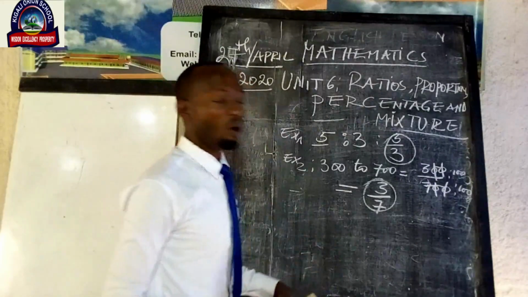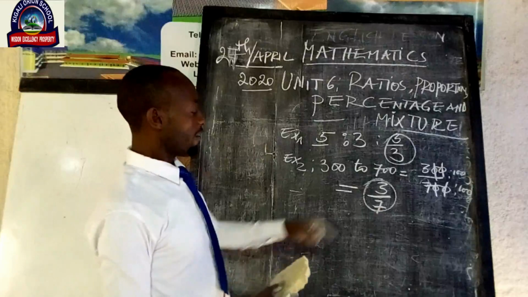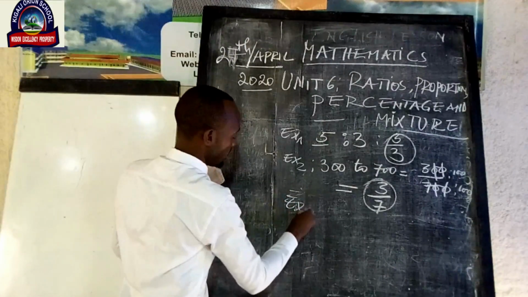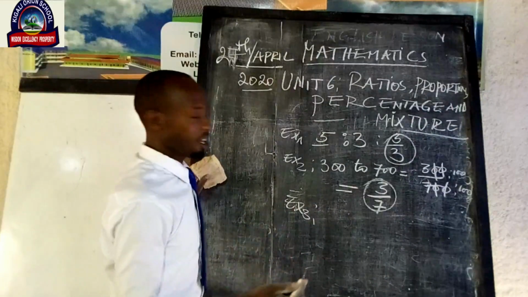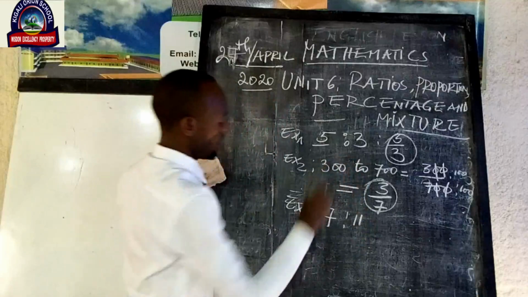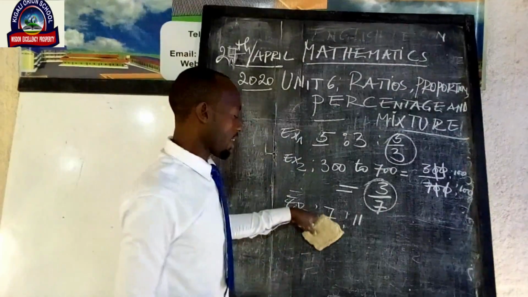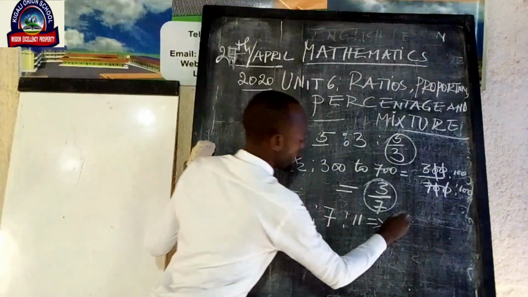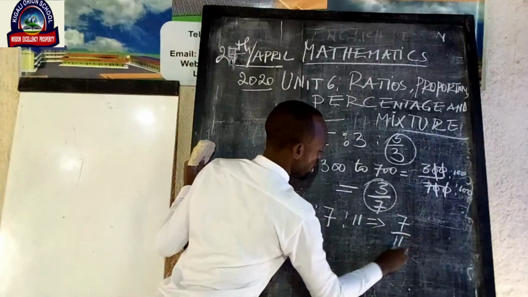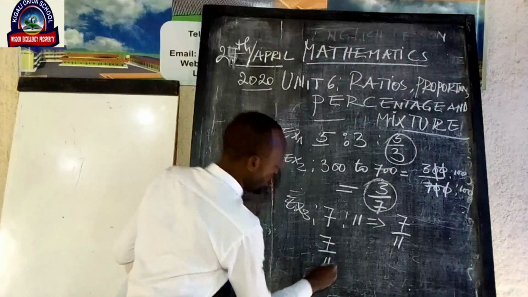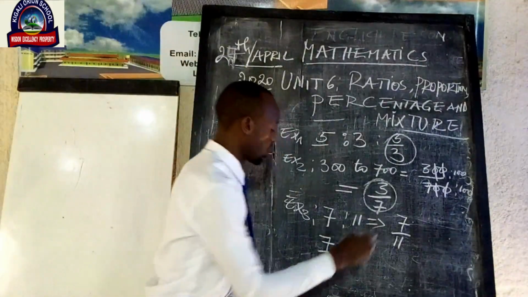Now we are going to see how we can convert a fraction into a ratio. Example number 3 is, for example, 7/11. I'm going to write it in fraction form. I get 7 over 11. So when you have 7 over 11, how can we change it into a ratio?